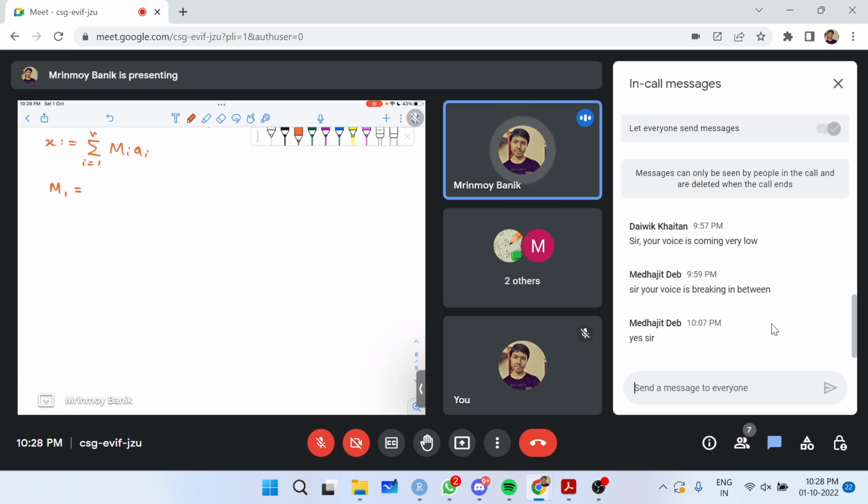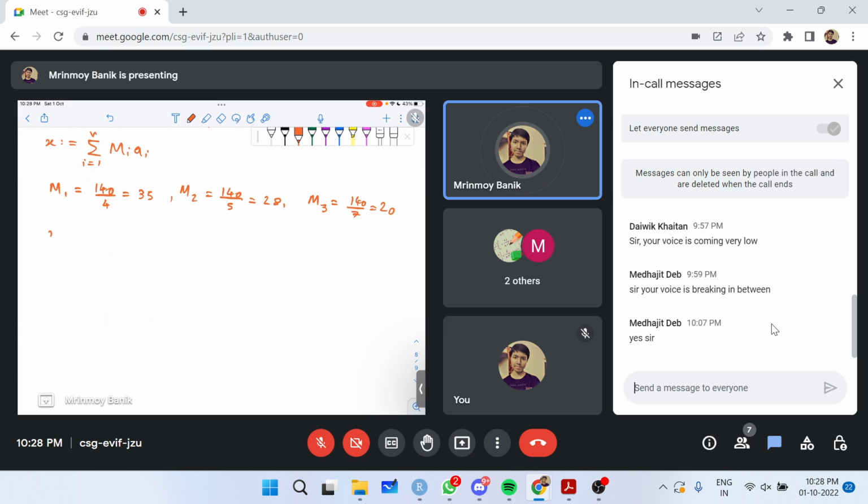M1 is 140 by 5, no, 140 by 4, which is 2 threes are 12 and 20 is 5. M2 is 140 by 5, yeah, it's 5: 5 twos are 10, 40 is 8. And the last one is M3, 140 by 7, which is 20.